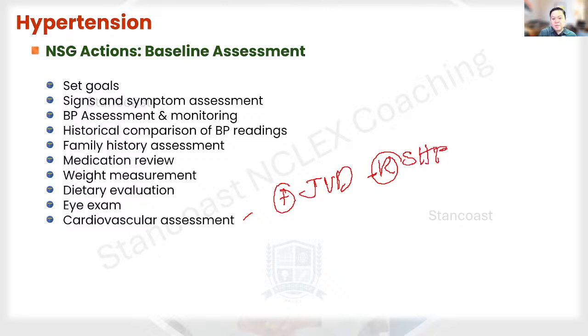Or maybe increase in heart rate. That's another one. Or it could be dysrhythmias. These are things that we need to include in our baseline assessment. And that is why an EKG is usually going to be done if the doctor is suspecting that maybe this patient's high blood pressure is caused by something else, maybe a cardiovascular issue.